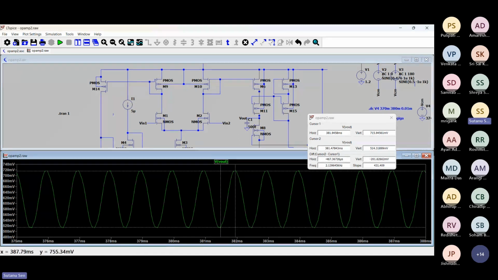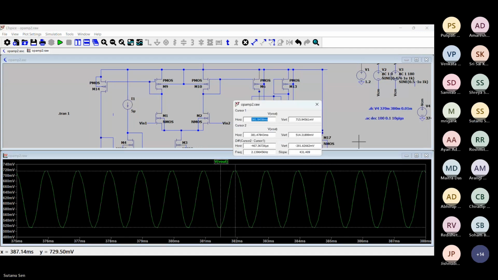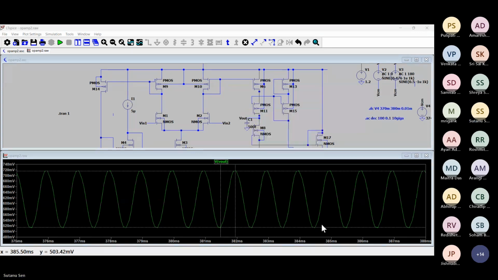Sir, 1 microvolt results in a peak-to-peak voltage of 200 millivolt approximately. So the gain will be around 10 to the power 5. So peak to peak amplitude of input is how much?